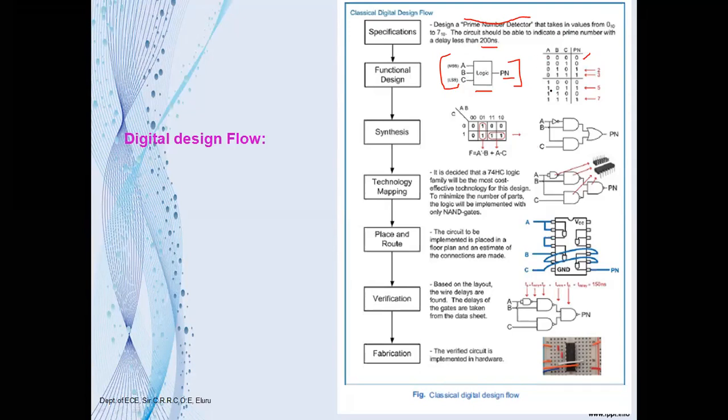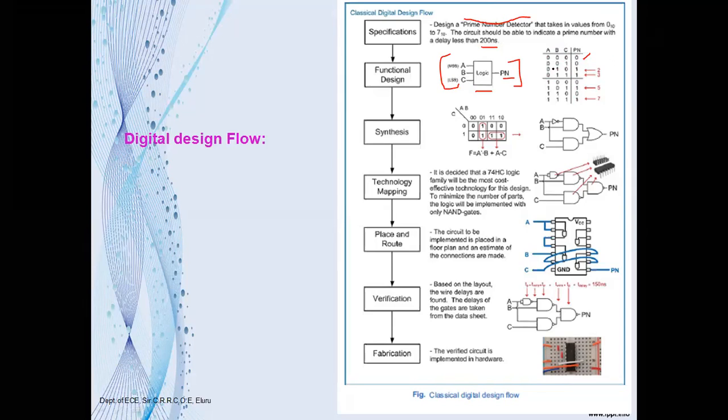With the 3 inputs, you have 8 possible inputs, and from these 8, the numbers 2, 3, 5, 7 are the prime numbers. Only for those is the output set to logic 1, and for the other states it is set to logic 0. This is the description of the behavior of the circuit.